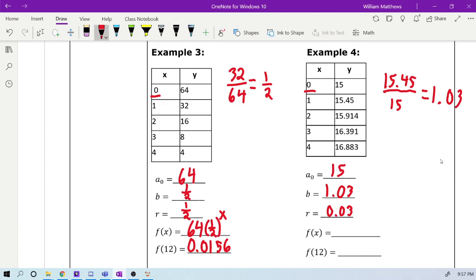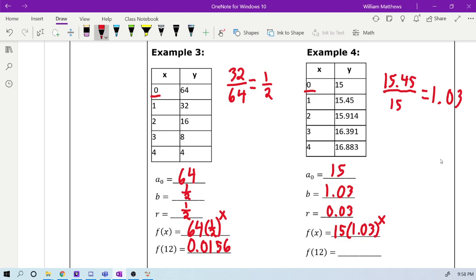So we need to remember that b stands for the factor, whereas r stands for the rate, what we are adding or subtracting to 1. So if we plug this into our original equation, we have f of x equals the starting value, 15, times the factor, 1.03, all raised to the power of x.